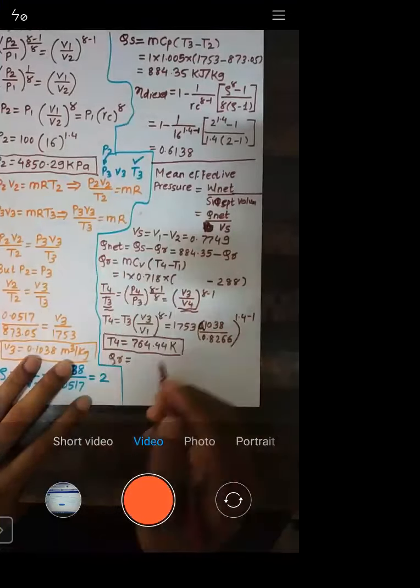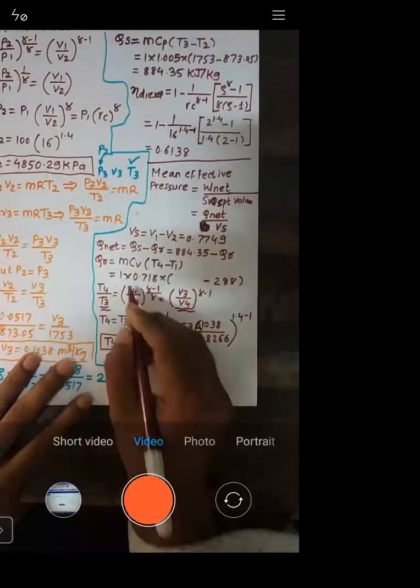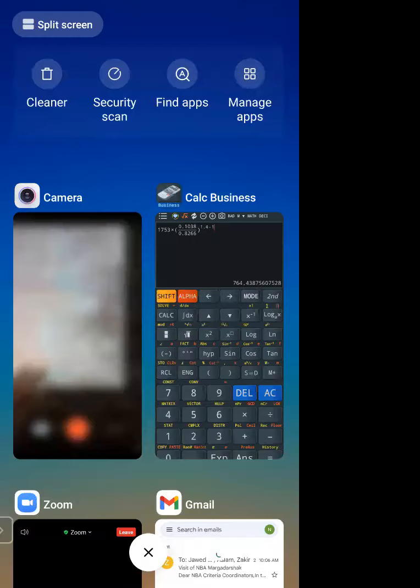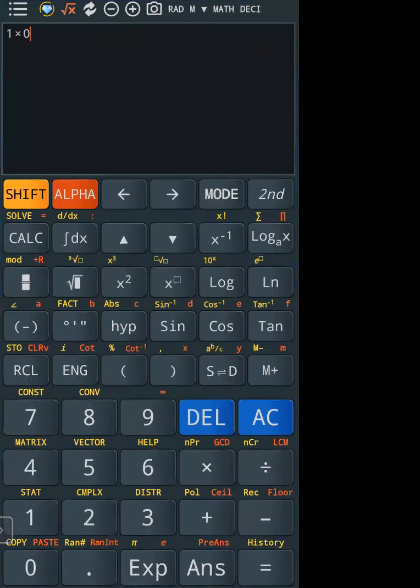M into CV. I will directly write that. M is 1, into CV 0.718, into T4, which I just got, 764.44, minus T1, which is 288.